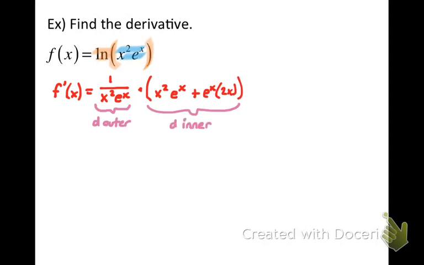And now to make that look a little bit neater. Now there's not a lot I could do with the 1 over x squared e to the x power at this point. Let me leave it that way. But if you look within where we used the product rule right here, you're going to notice each factor has e to the x as a factor, and in fact it has an x and an e to the x as a factor.